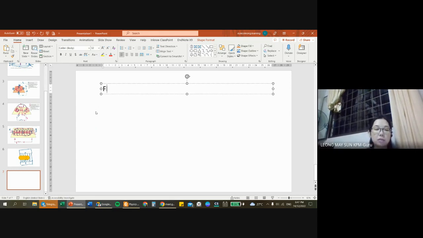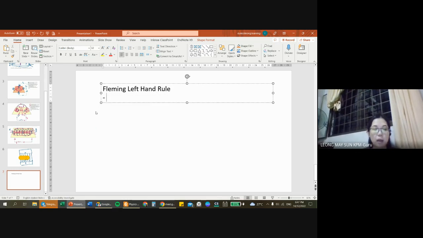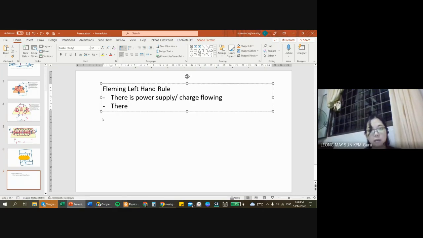The usage of Fleming's left hand rule is when there is a power supply, or there is charge flowing in the circuit, meaning there is current flowing through the conductor.